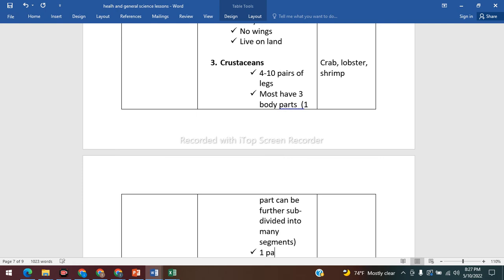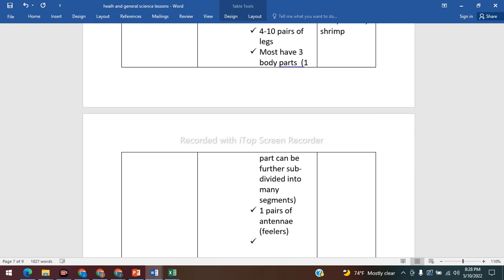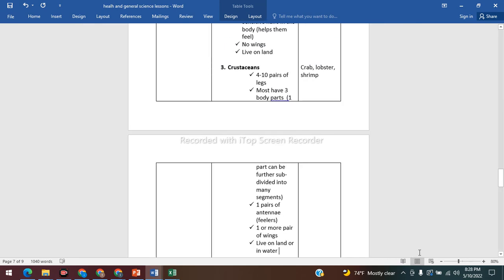Again, here we have one pair of antennae, what we call feelers, and one or more pair of wings. They live on land or in water. That's our lovely crustaceans.